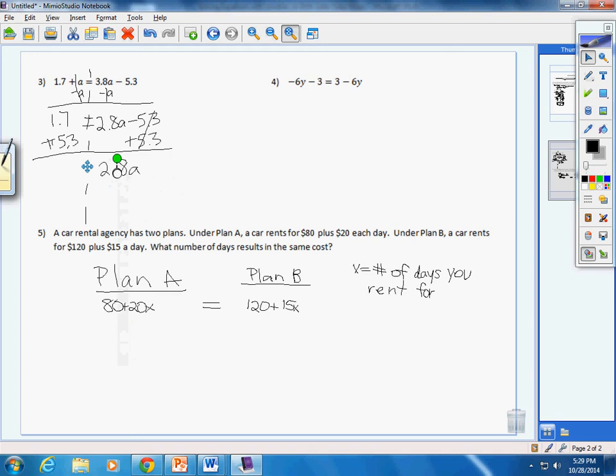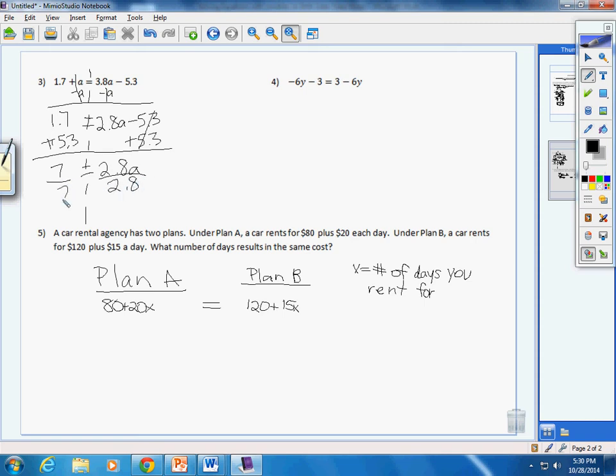Here's my pencil again. So 2.8a equals 5.3 plus 1.7 is 7.0, or just 7. Now the last step to get a by itself, this is 2.8 times a, is of course just to divide by 2.8.